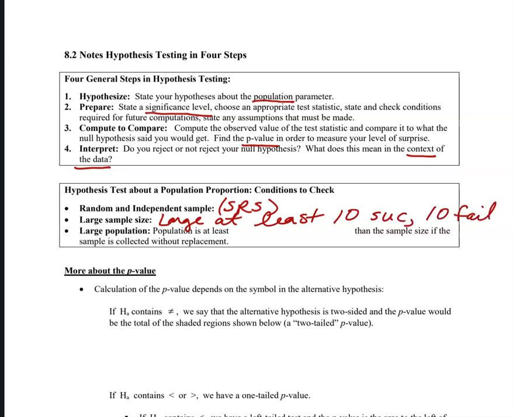Same conditions we used back in chapter 7 when we were talking about confidence intervals, and you would use that p-naught value from your hypotheses to check the number of successes and failures that you would expect. And then finally, a large population. The population needs to be at least 10 times larger than your sample size.